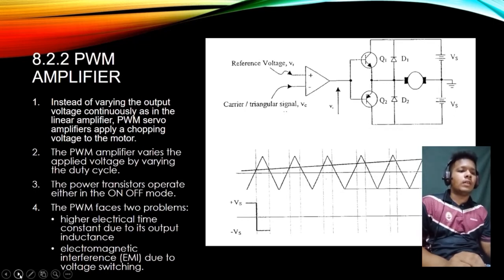The power transistor operates in either on or off mode. The PWM faces two problems: high electrical time constant due to its output inductance, and electromagnetic interference, EMI, due to the voltage switching.